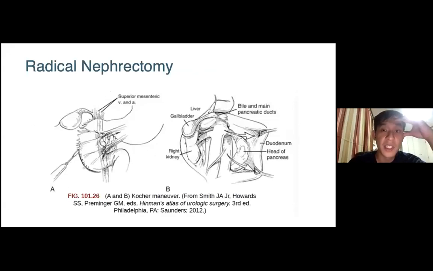So the posterior parietal peritoneum on the white line of Toldt is incised from the pelvic region of the iliac artery to the right upper quadrant, the region of the hepatic flexure. The anterior plane is developed by dissecting between the anterior renal fascia and the mesentery of the ascending colon.